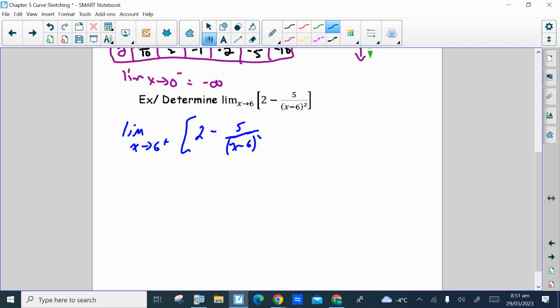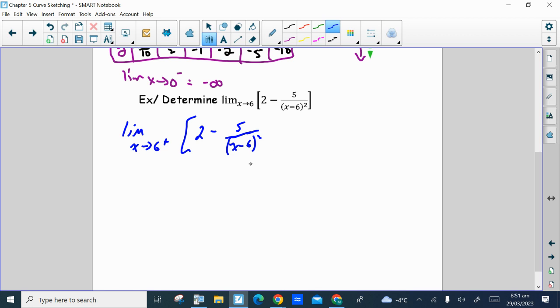So we're going to approach 6 from the right side, so our values of x are going to be greater than 6. Okay? So what's going to happen here? Well, as we get closer and closer to 6, the difference between our number and 6, the gap between those two is going to get smaller and smaller.